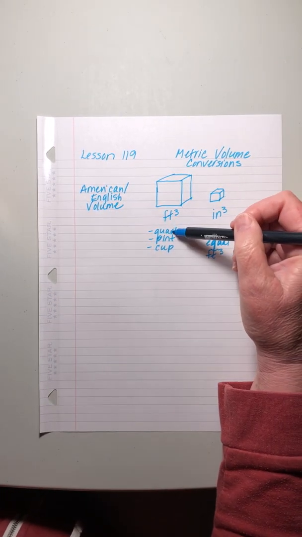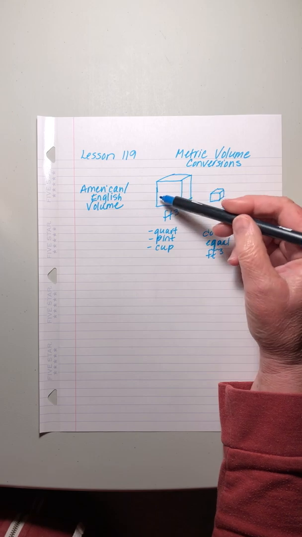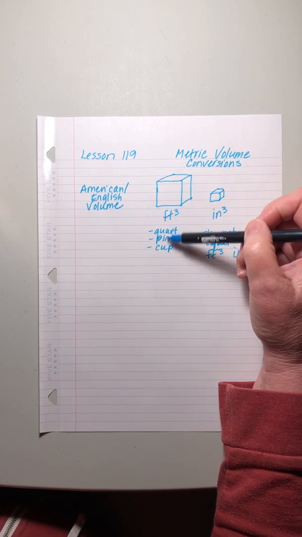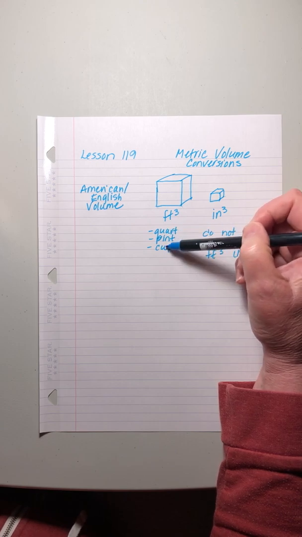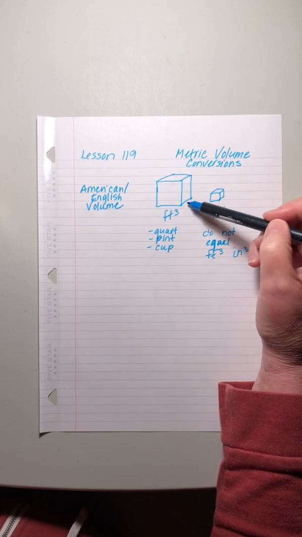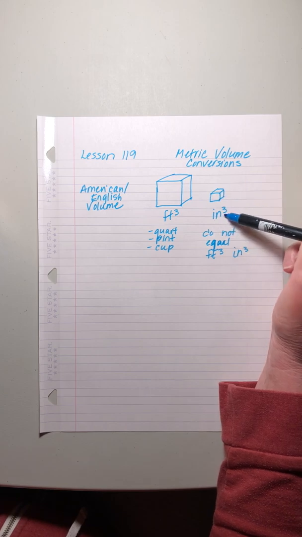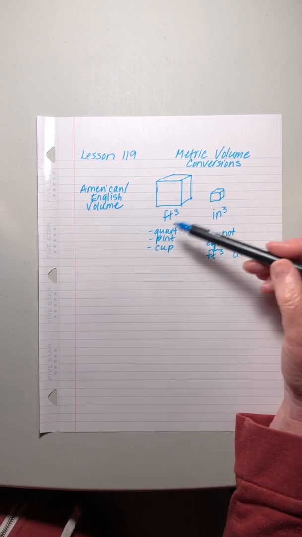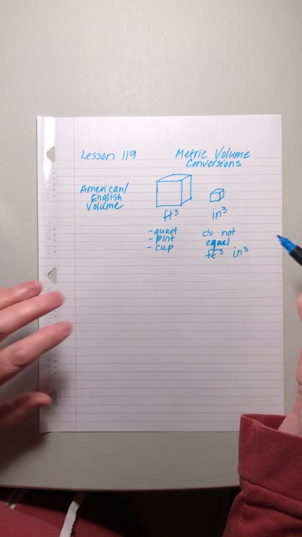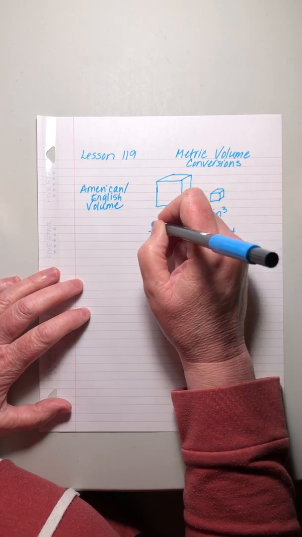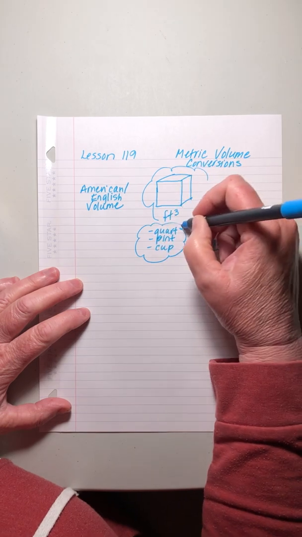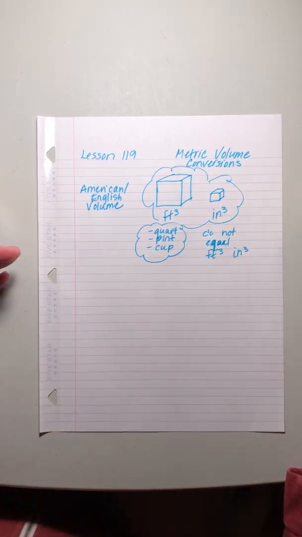A quart would not fit into, well, it might fit into, but it wouldn't fit perfectly, is what I mean to say. These volume measures don't line up with our cubic length measures, okay? These are measures of length that we're using as cubes. These are measures of volume. They don't sync, okay? That's what I'm trying to say. There's no sync between these measures and these measures, which is something we all just think is normal.